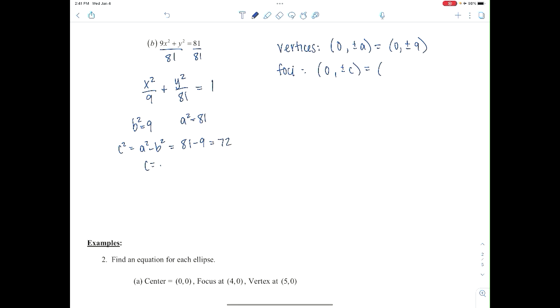If c is root 72, we can reduce that to 6 root 2. So we've got 0 plus or minus 6 root 2. Those are our focus points. And that's all we needed. We needed our vertices and our foci. Okay.